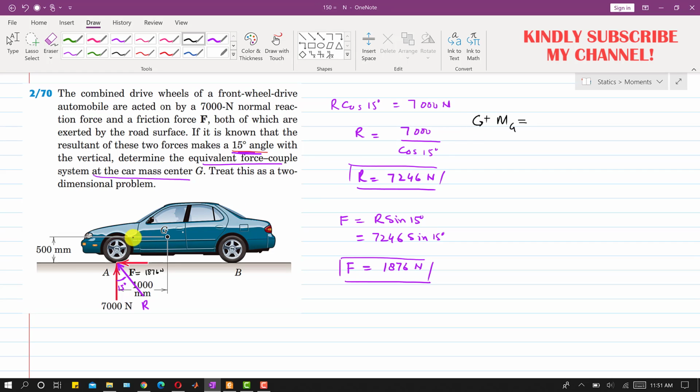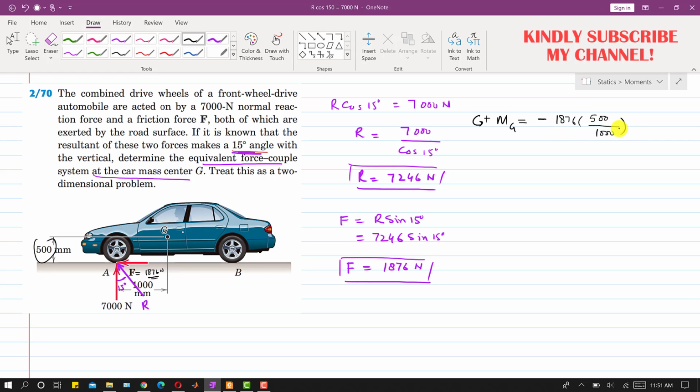Now as we can see, this force F, this 1876 Newton, is producing a clockwise moment about this point G. So I will write minus, and this will be 1876, and the perpendicular distance of this F from point G is this 500 mm. So I will multiply this with 500 mm divided by 1000, in order to have the answer in Newton meters.